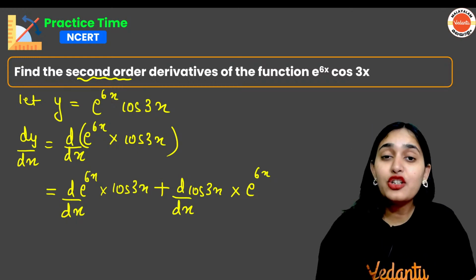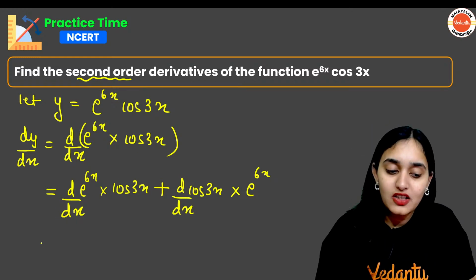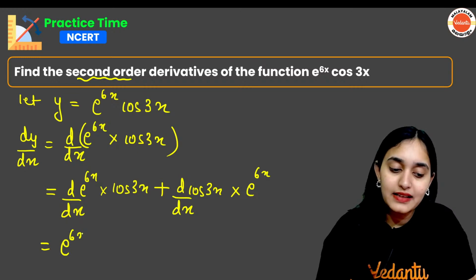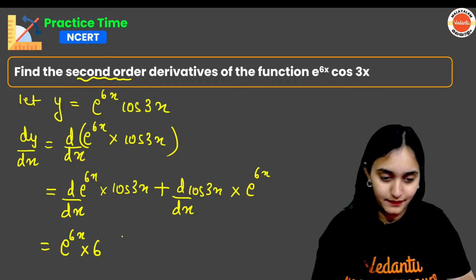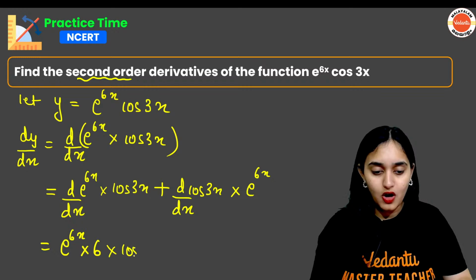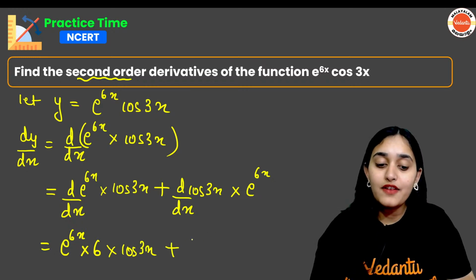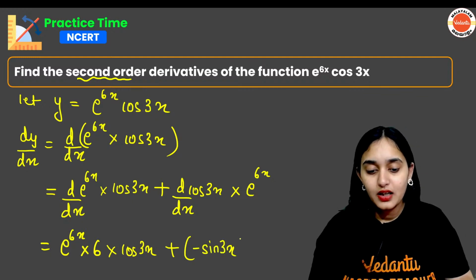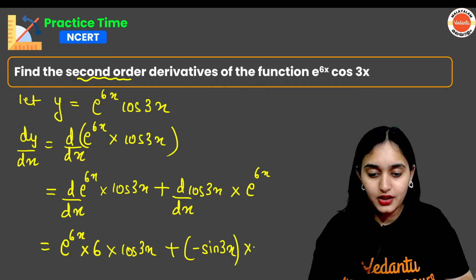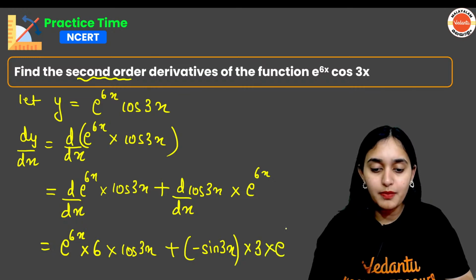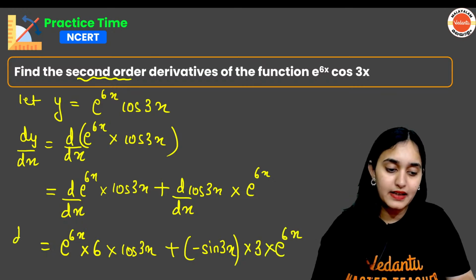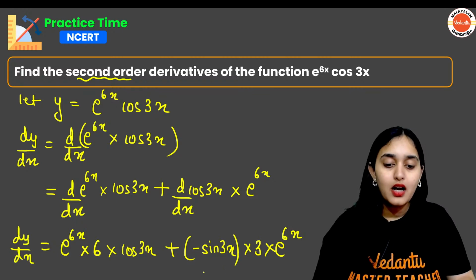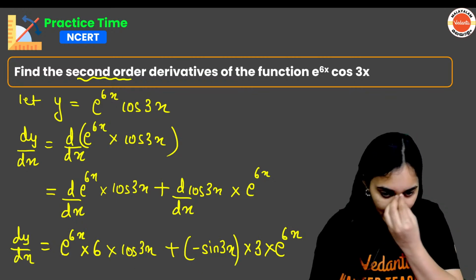E to the power 6x differentiation is e to the power 6x into 6 into cos 3x, plus cos 3x differentiation is minus sin 3x into 3 into e to the power 6x. This is dy by dx. Now, can we take out anything as common?